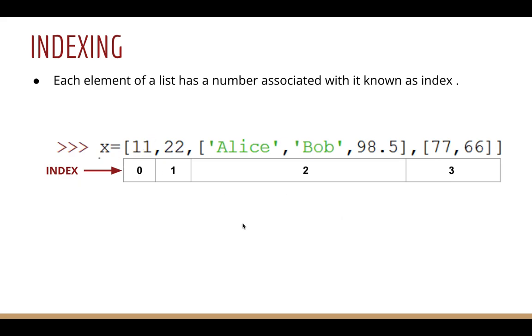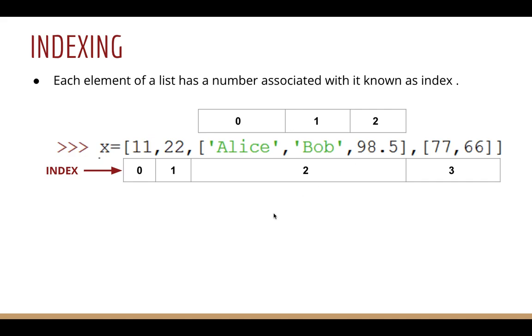These are the indexes. Now within the nested list we have more indexes. So the index of Elise within the index 2 of the main list x is 0. Index of Bob within the main list x is 1. Index of 98.5 within the main list is 2.